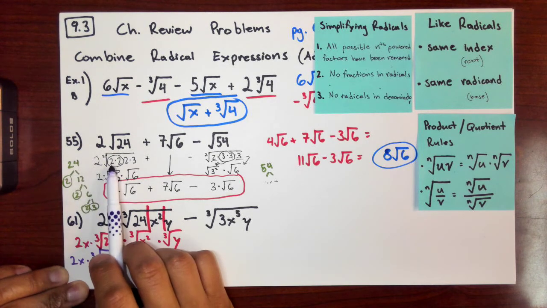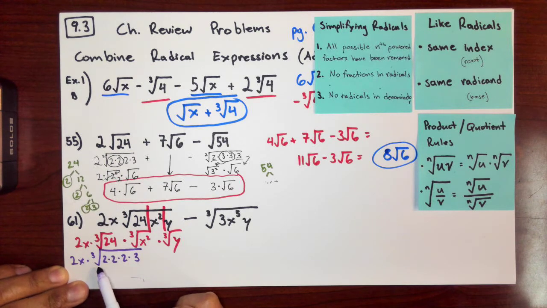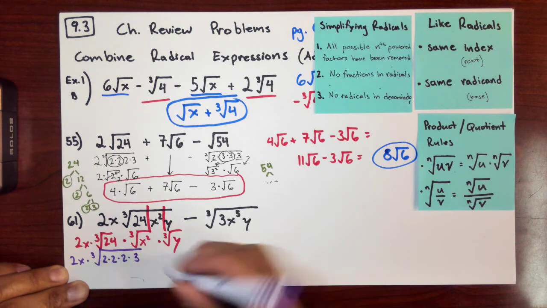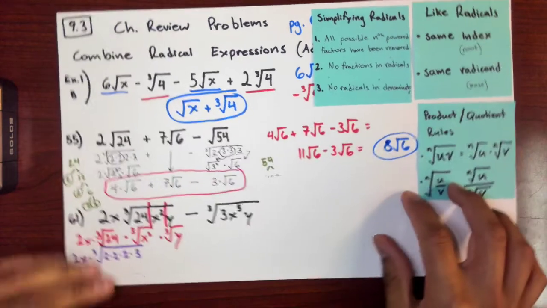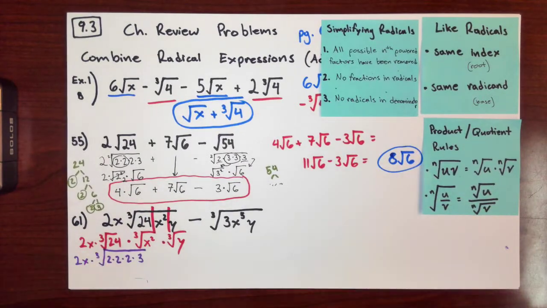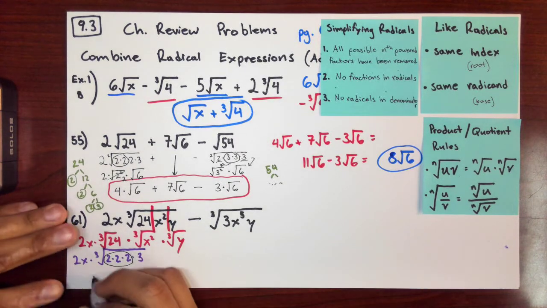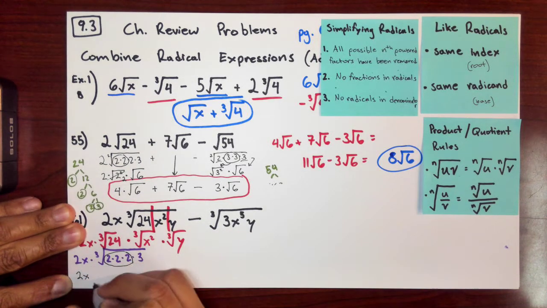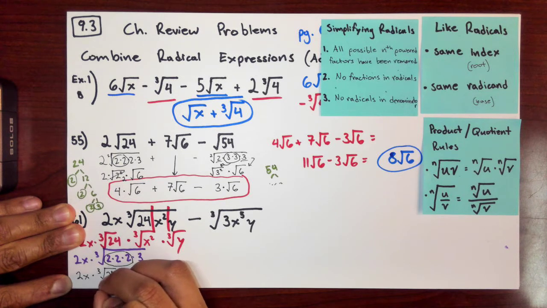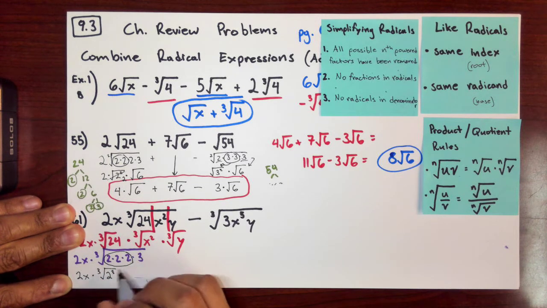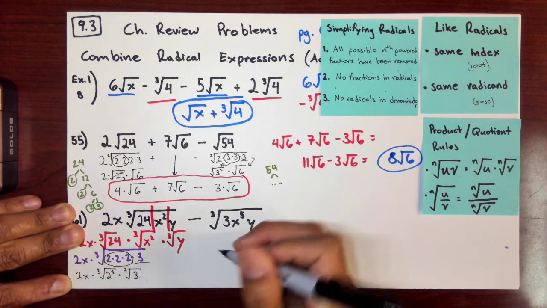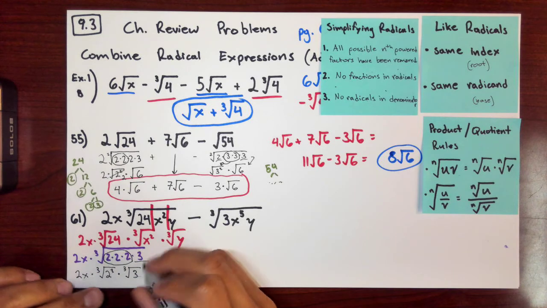Different from up here, we were looking for groups of 2. But down here, we're just going to be looking for groups of 3. So your group of 3 is going to be these 2's, right? So you're going to rewrite that down here as 2x times the cube root of 2 cubed, times whatever is left over, which is the cube root of 3. And we'll come back to this part next, okay?